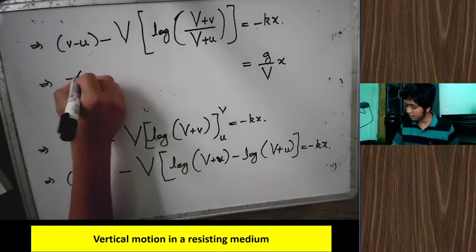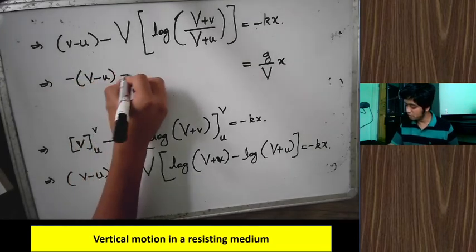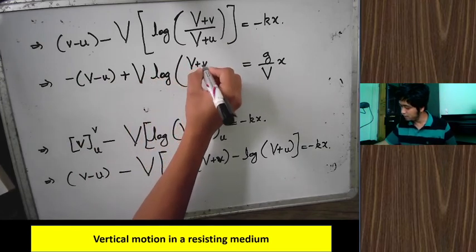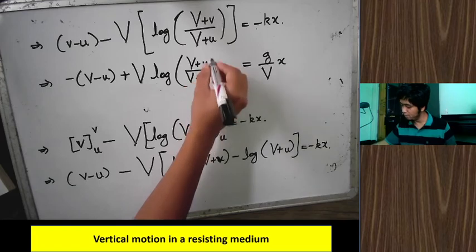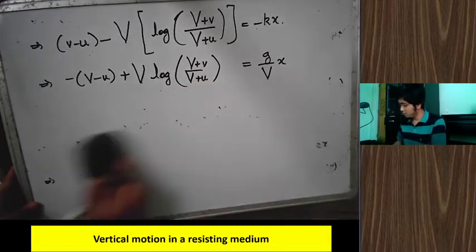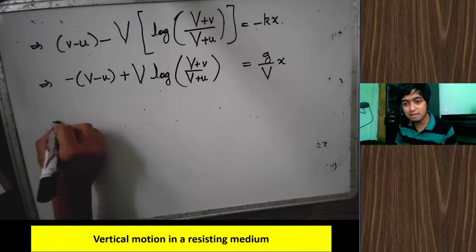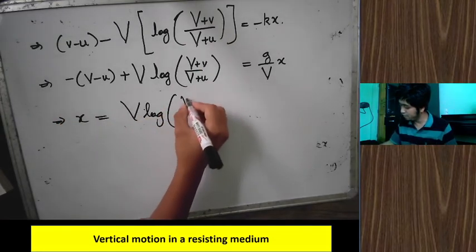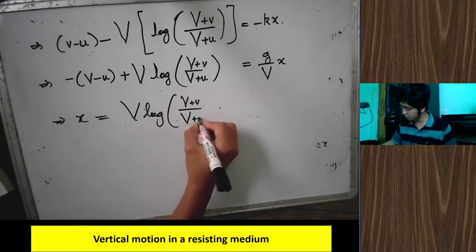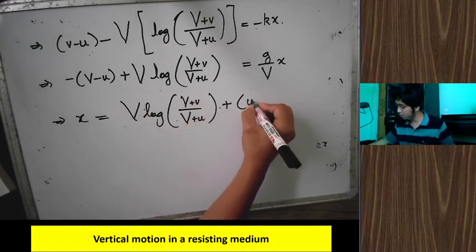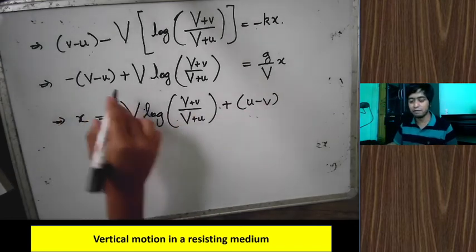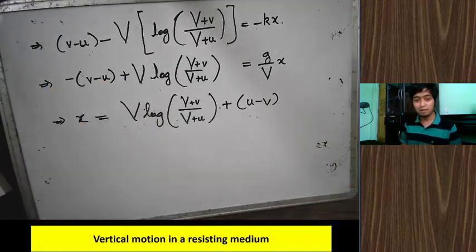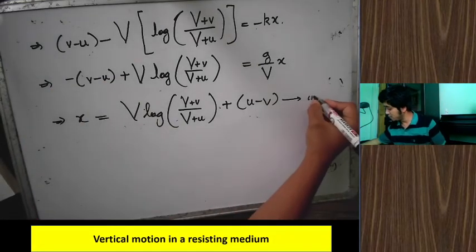This one will be having minus v minus u plus V log of V plus v upon V plus u, and hence x will be V log of V plus v upon V plus u, plus u minus v. I have multiplied this minus over here, so that's why I'm having u minus v. This one is small v. So this is the required expression number 3.